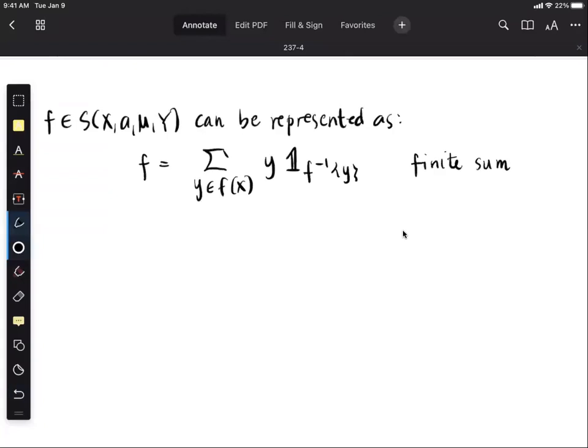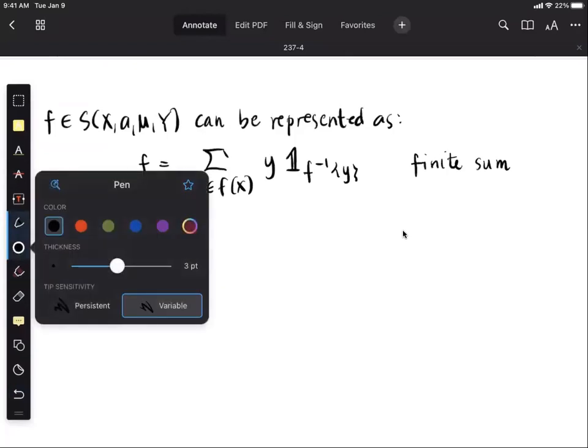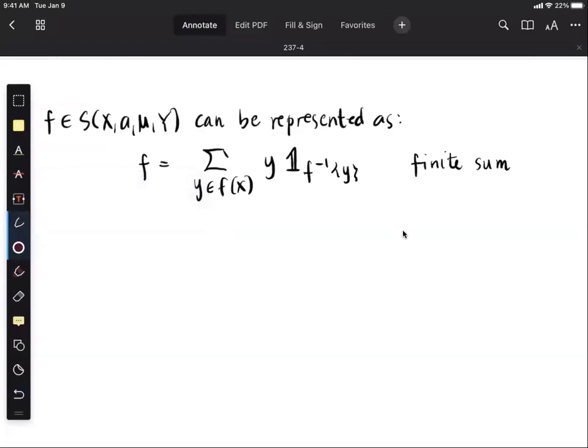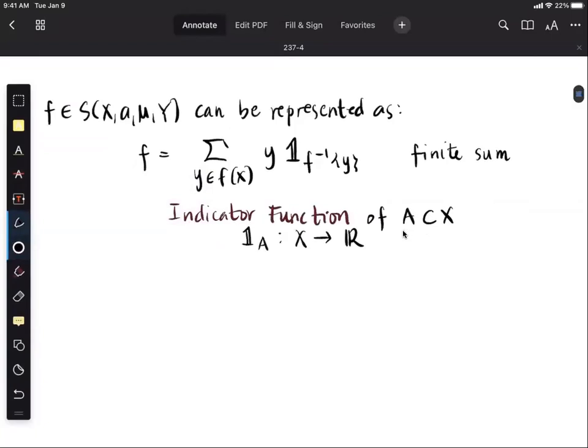And then recall the indicator function of a set A. Let us recall the definition here. The indicator function of A, a subset of X, is defined to be a function from X to the set of reals.